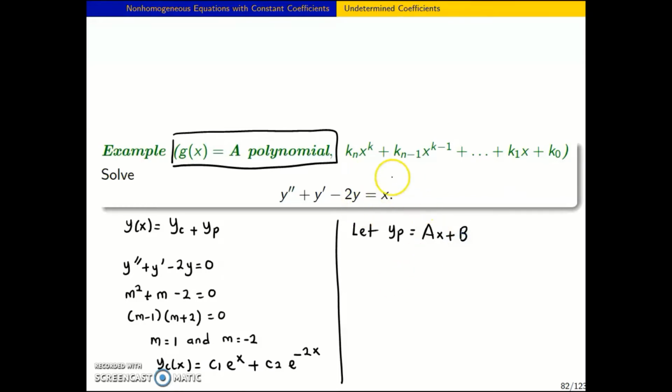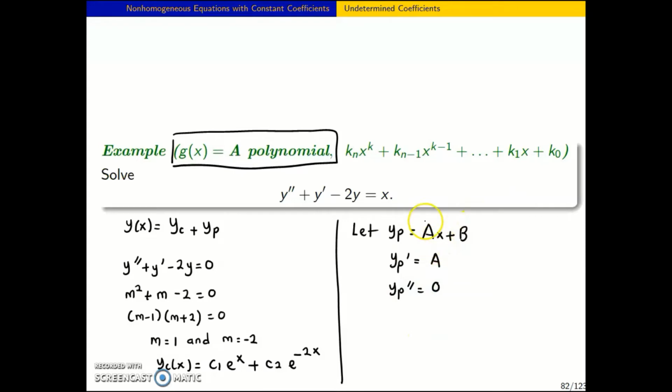Okay, so because it's degree 1, if it's degree 2, we have a different yp choice here. But because it's degree 1, we write it as ax plus b. Now you differentiate once and differentiate twice. So differentiating once will give you a, differentiating twice will give you 0.